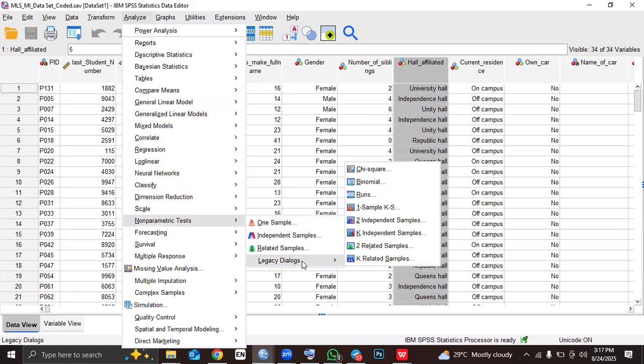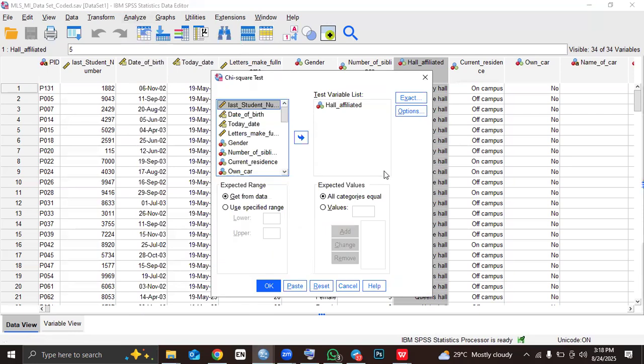From Legacy Dialogs, we then select our Chi-Square test here. So we click on Chi-Square, and then this pop-up menu appears. Let me reset everything.